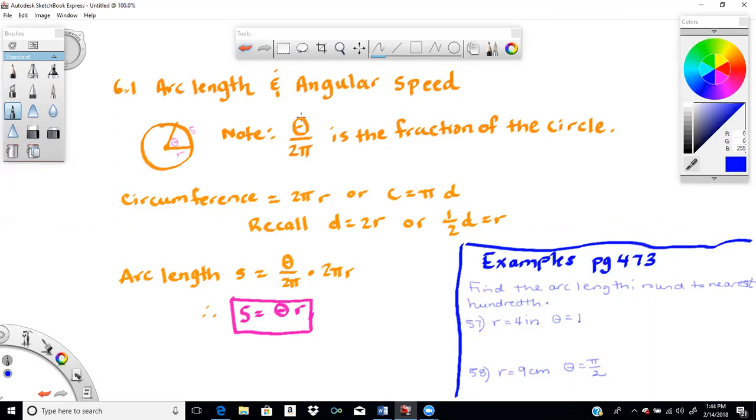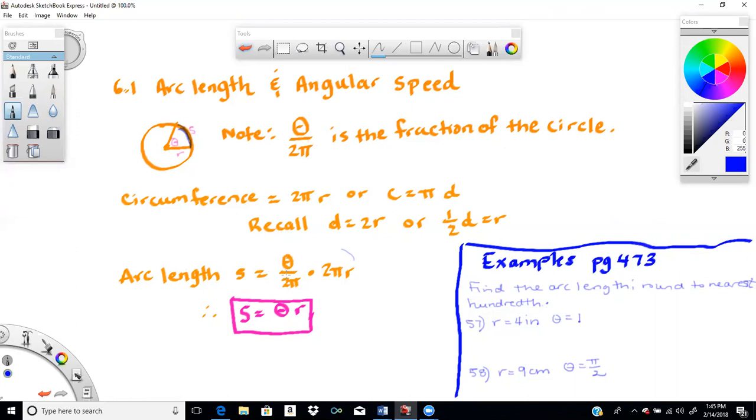Now note that if I just have this portion of the circle, the fraction of the circle is theta out of 2 pi. That's why the sector is written as theta over 2 pi. So when we find this arc length, we take the whole circumference, 2 pi r, and multiply by the fraction we need.